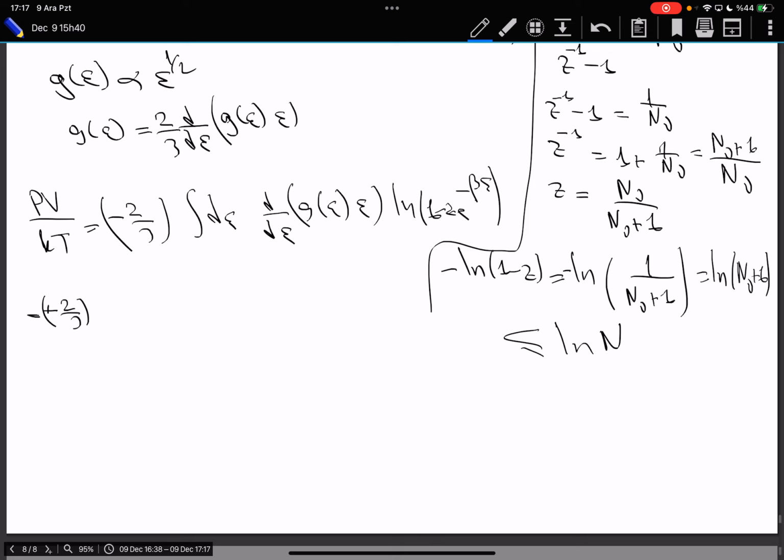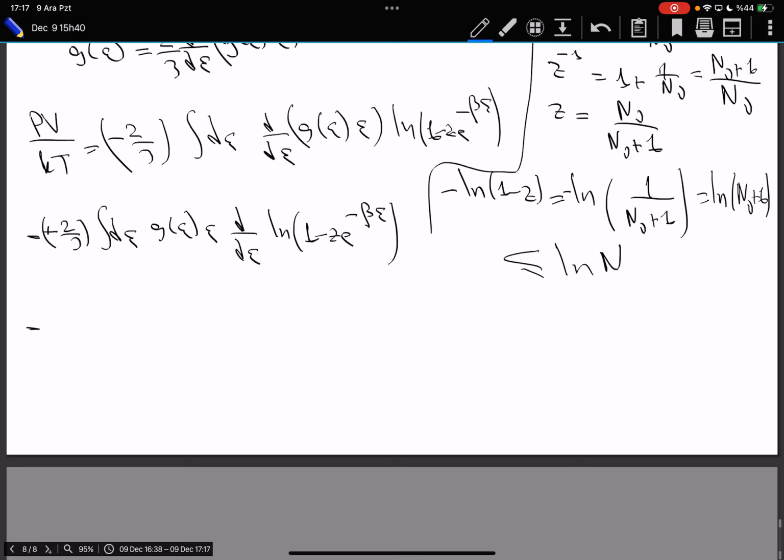The remaining term is the integral of G(ε) times ε, times the derivative with respect to epsilon of the logarithm, which is 2/3 ∫ dε G(ε) ε. The derivative of that logarithm will just give me z inverse e to the power βε minus 1.